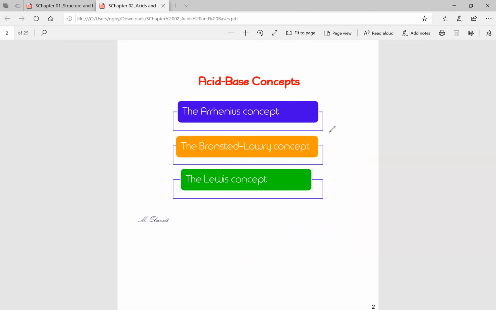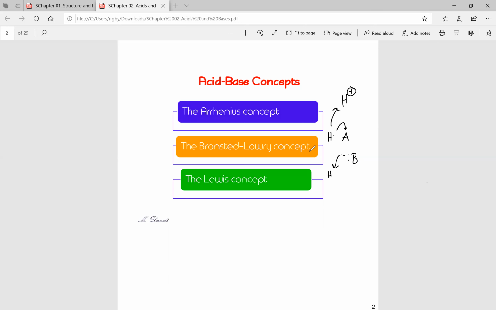The Bronsted-Lowry acid is a proton donor. So the acid would give off a proton, and when going back to the Arrhenius concept, it would give off a hydrogen to water, giving off hydronium, hydrogen plus ions. Okay. In addition, the Bronsted-Lowry base would be a proton acceptor.